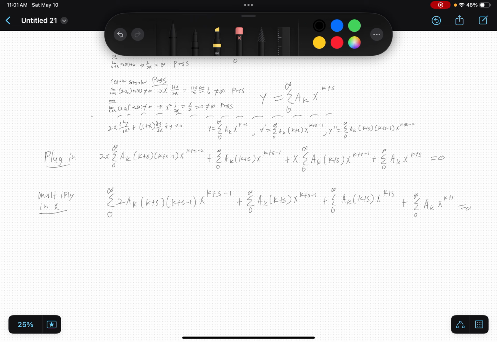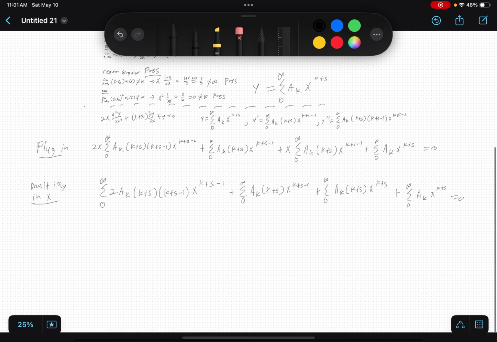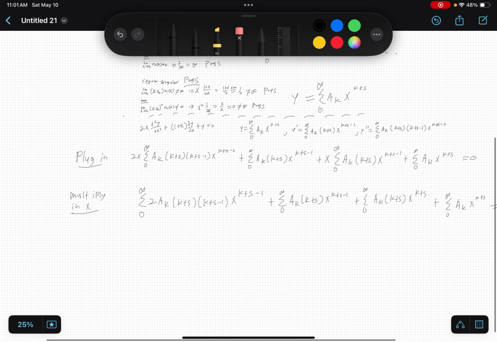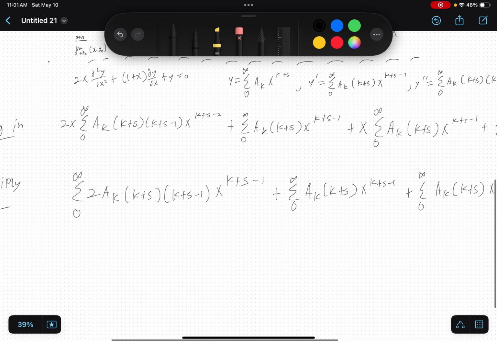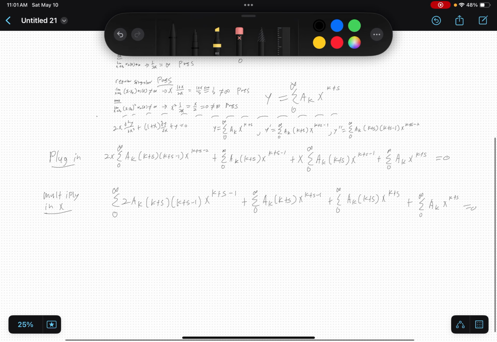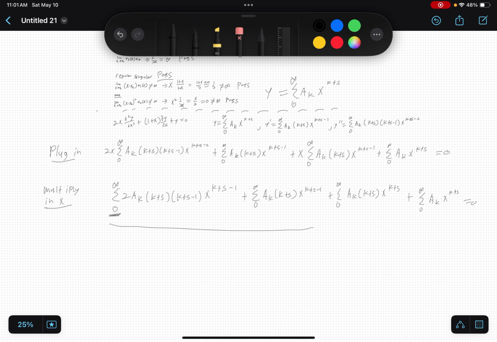All right, step 3. This is all just very easy math steps, but there's a lot of algebra to keep track of. Step 3 is combine like terms. More specifically, these first 2 terms are alike because they sum over the same range and they have x to the same power.